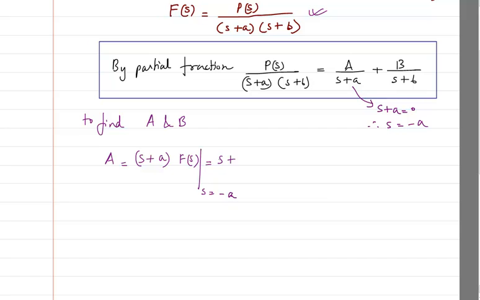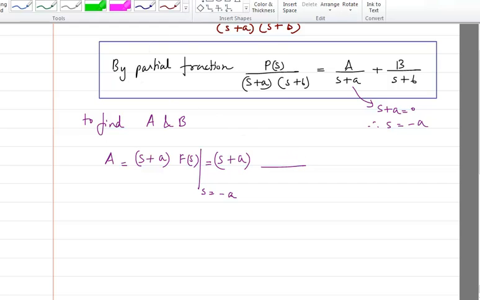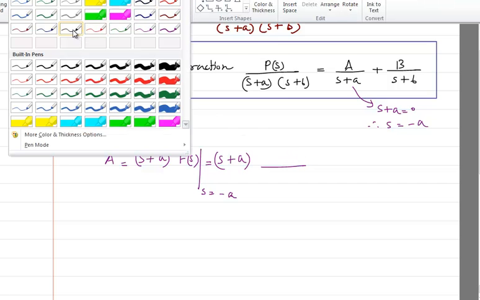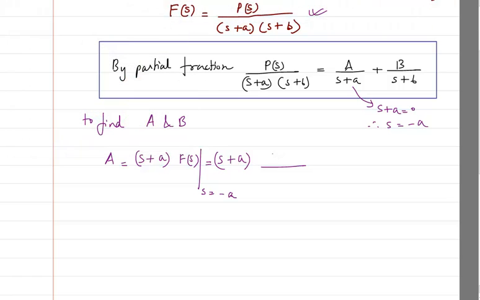So basically I am going to have (s plus a) multiplied with F(s); instead of F(s) I write the full form, which is P(s) divided by (s plus a)(s plus b). That I have to take at s equal to minus a.